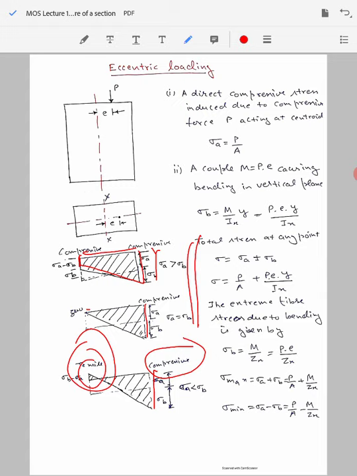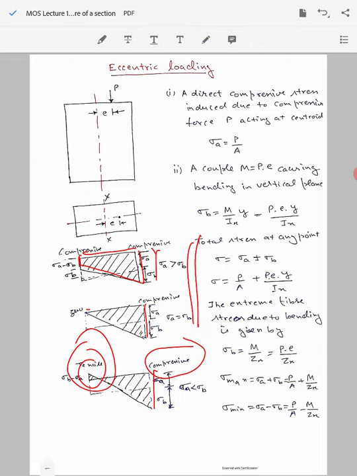The bending stress depends upon the amount of load as well as the eccentricity. So for the given load, it is the eccentricity value E that will decide how much bending stress is produced. If E is large, the sigma B value will be high also, and it can become more than sigma A, causing tensile stress to be produced in the section.